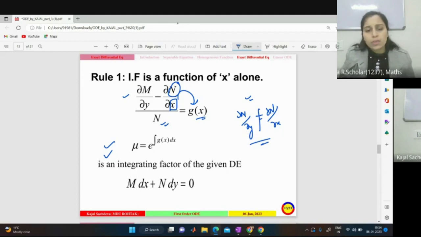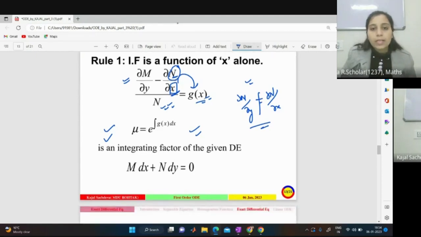So one of the ways is this: ∂M/∂y minus ∂N/∂x, with N in the denominator, and if you get a function of x, then the integrating factor is e raised to the power integral of g(x) dx.